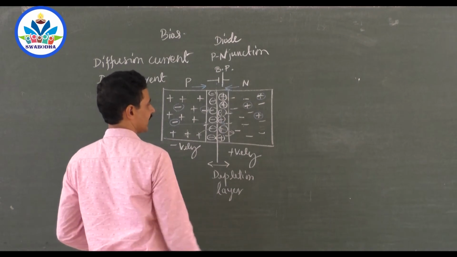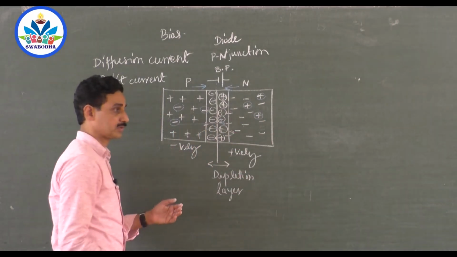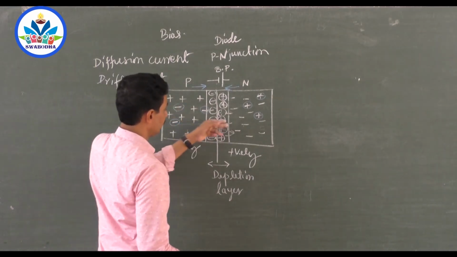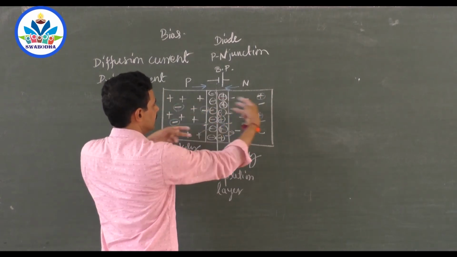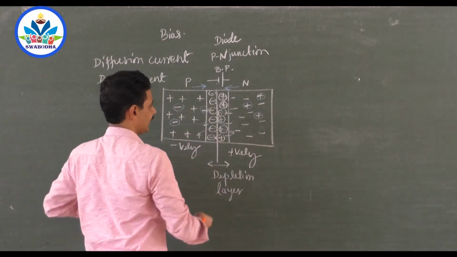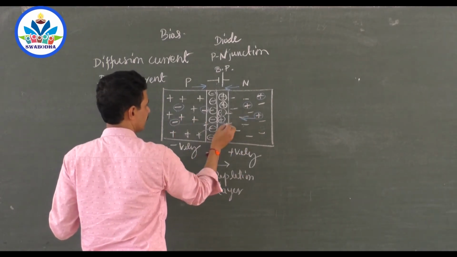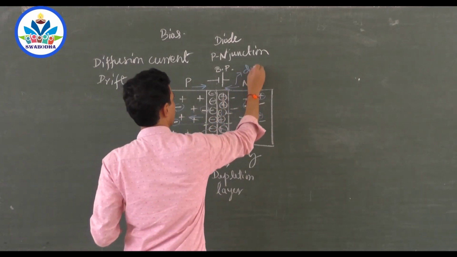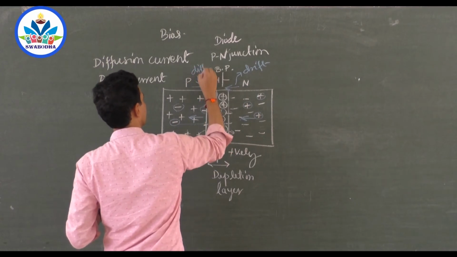Drift current is in this direction because holes will move like this, electrons will move like this. Current is always opposed to the direction of motion of electrons. These minority electrons will move like this. Holes will move like this, minority holes, so like this. So they produce a current. That current is in the direction of positive charges like this, or opposite to the direction of negative charges, again like this. So this is drift current, and this is diffusion current.